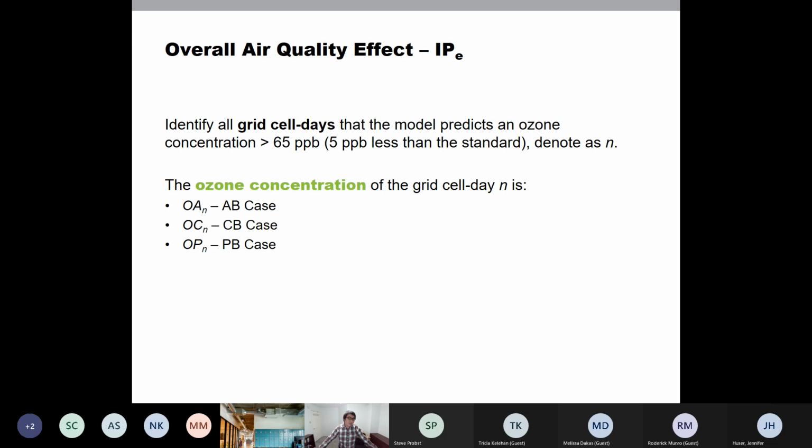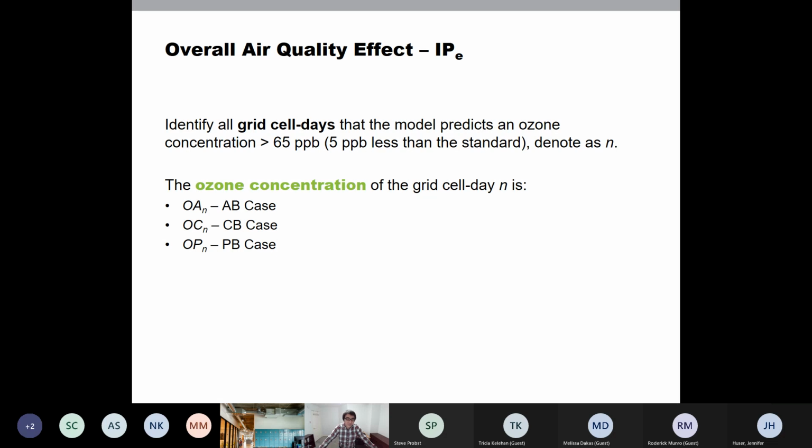Once we have all the grid cell days that we model, we look at the attainment baseline model first. We will pick all those model-predicted ozone concentrations greater than 65 ppb. Why 65? It's 5 ppb less than the current 2015 standard of 70 ppb.